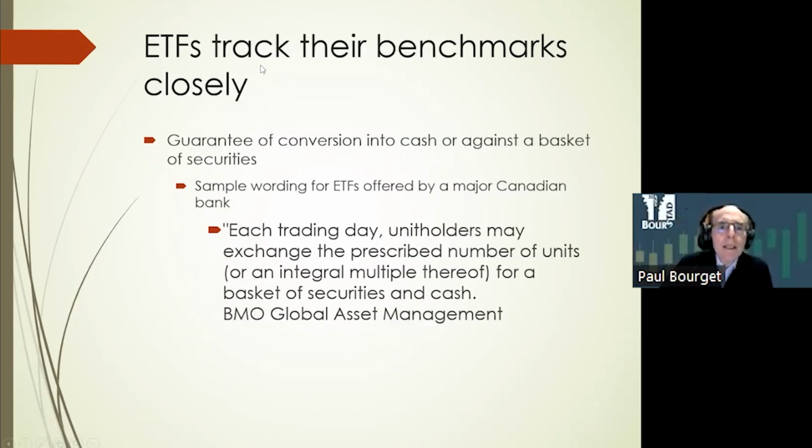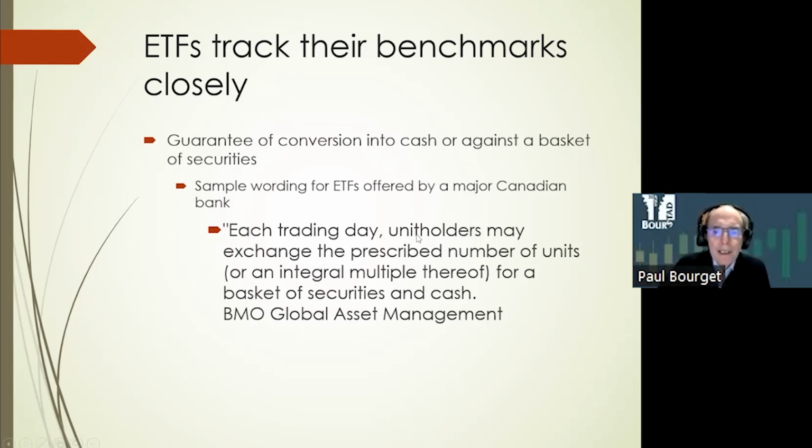Okay, ETFs track their benchmark closely, with a guarantee of conversion into cash or again against a basket of securities. Here you have the wording of a clause for an ETF offered by BMO.